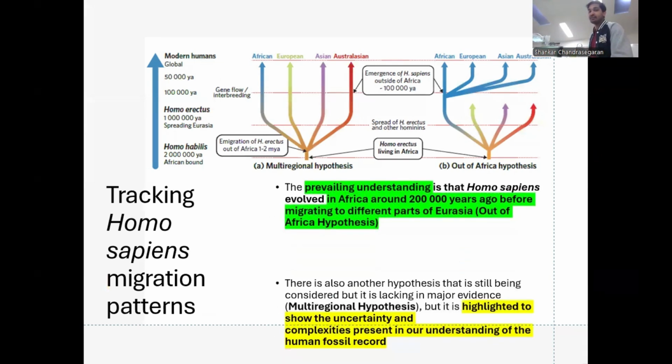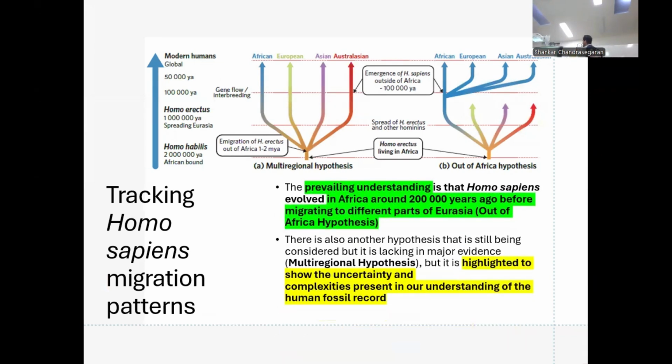Remember that we talked about in our previous lesson, there is uncertainty present within our findings of fossils and other evidence. So sometimes we have to consider other possibilities, and we have to think about what evidence is present before we can have a final theory that we are supporting, right?